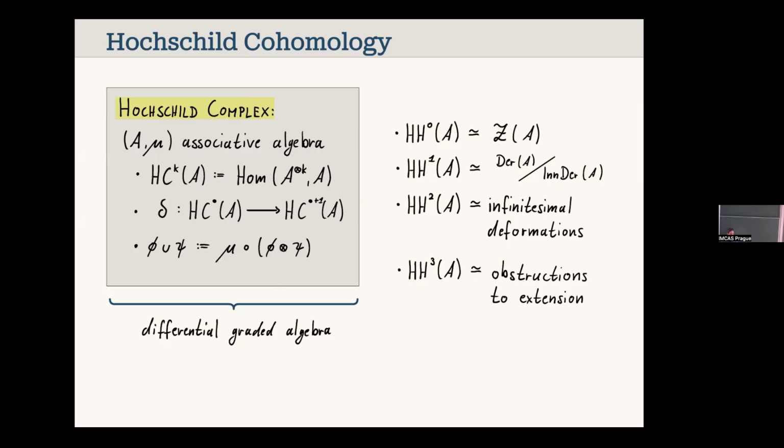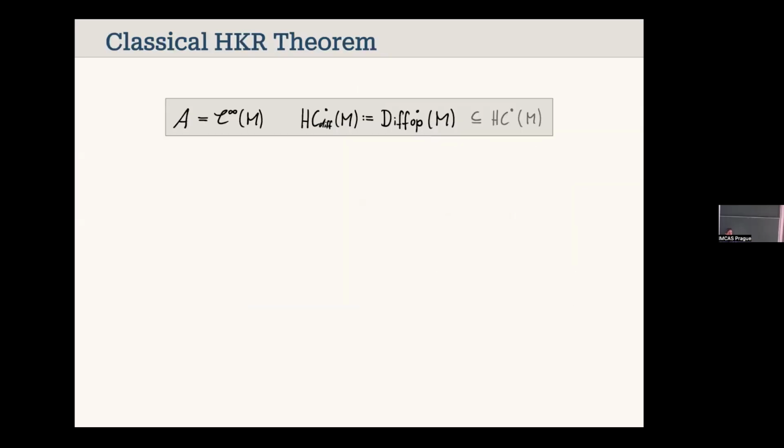Okay, so back to our case, we're not interested in any algebra, but just in the algebra of smooth functions on a smooth manifold. And as I told you, we are not interested in just any deformation, but in deformations by bidifferential operators. These operators C_r should be bidifferential operators.